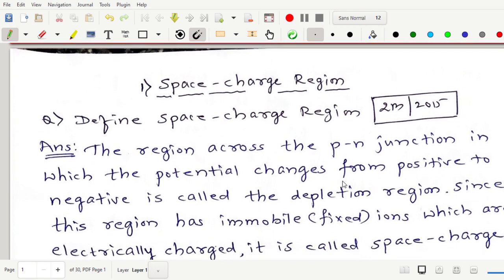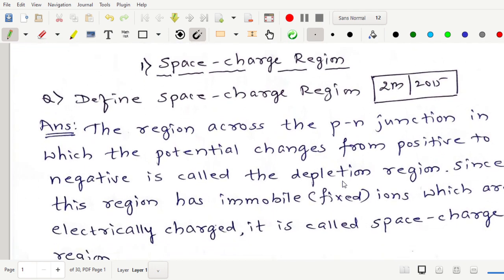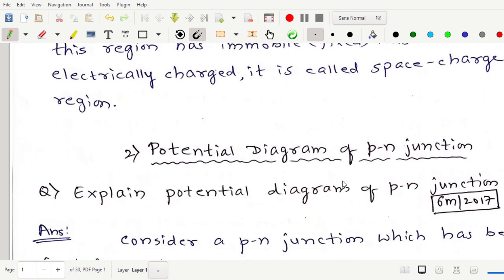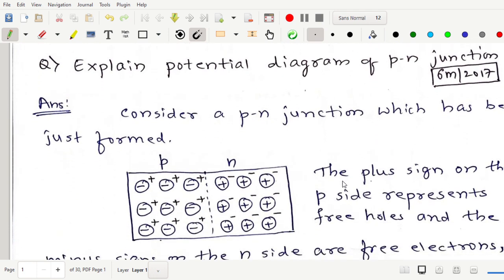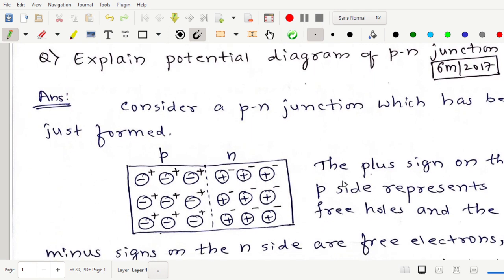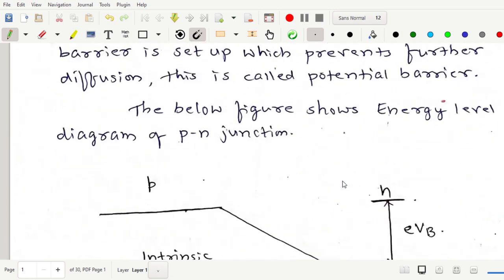In space charge region, we have seen the definition of space charge, and next was the potential diagram of PN junction. So we have seen how the PN junction is formed, and after the formation of PN junction, how free electrons and free holes are formed, and how immobile positive and negative ions are formed.